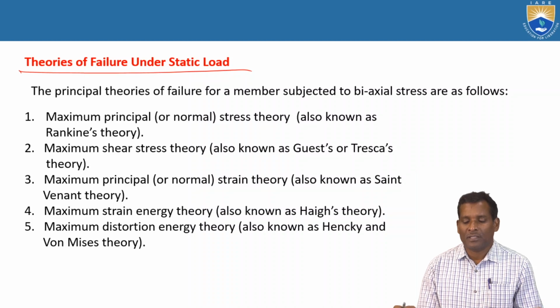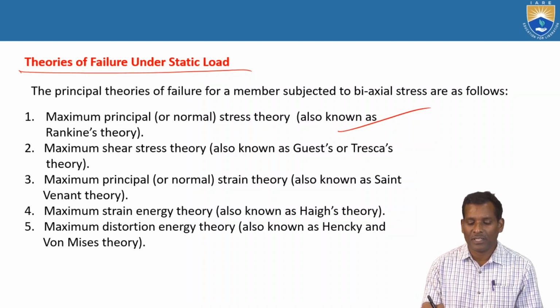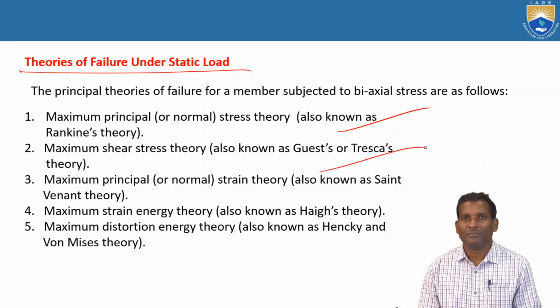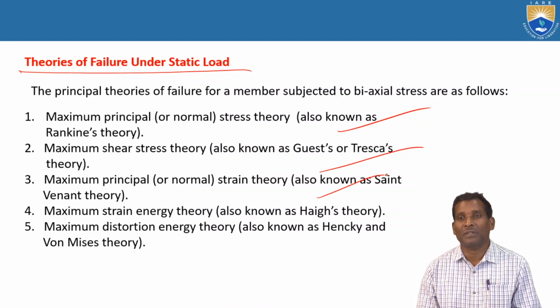So total 5 theories are there. First theory is maximum principal stress theory, also known as Rankine's theory. Second one is maximum shear stress theory, also known as Guest theory or Tresca theory. Third one is maximum principal or normal strain theory.